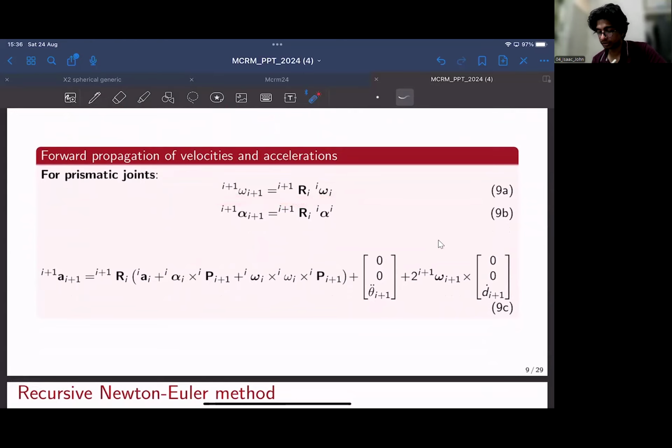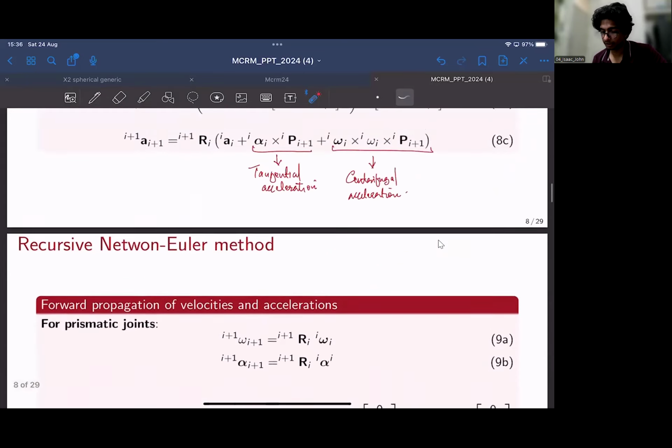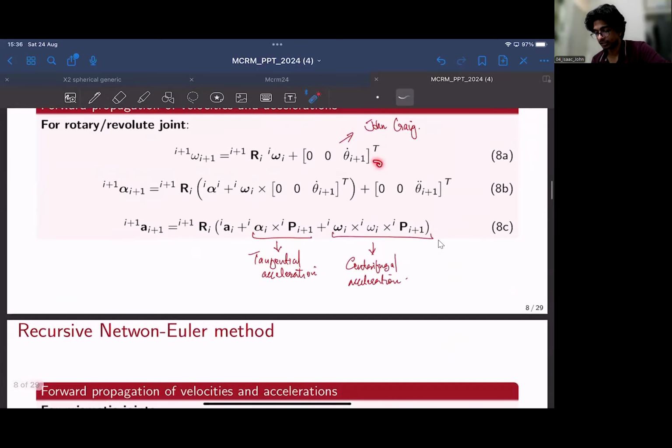Notice this is much smaller than the previous case because in the case of a prismatic joint, this term does not exist. An angular input to the I plus 1 joint does not exist because it's a prismatic joint. It will only have a relative velocity along the linear direction.